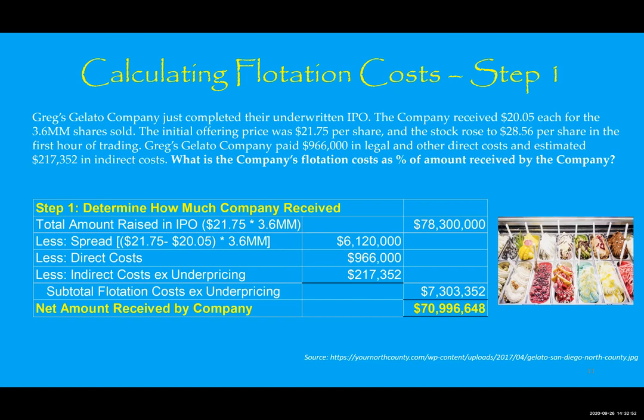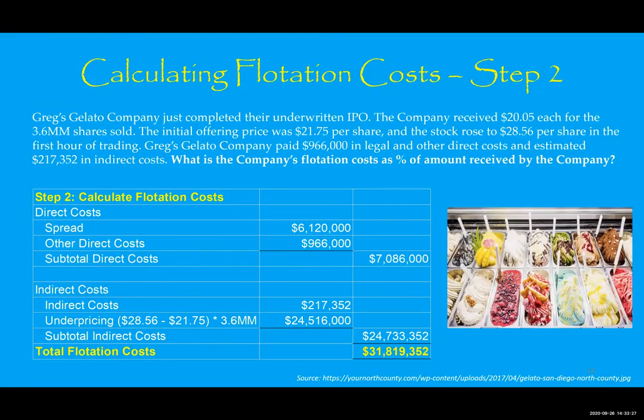When you subtract that from the total amount raised in the IPO, the net amount that the company receives is $70,996,648. Notice that of the flotation costs, the underwriting spread is the largest component of these expenses. Please also note that if you do this on your own and you get slightly different numbers, it will be due to rounding, as I have rounded all numbers in this example.